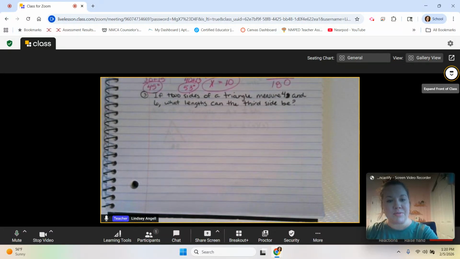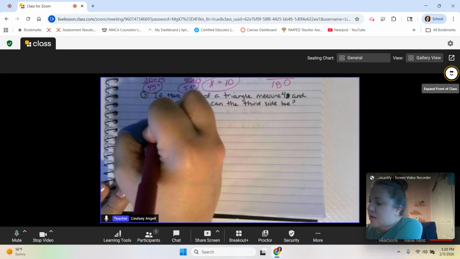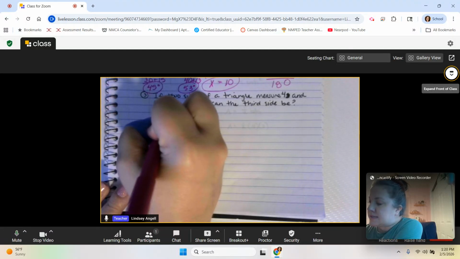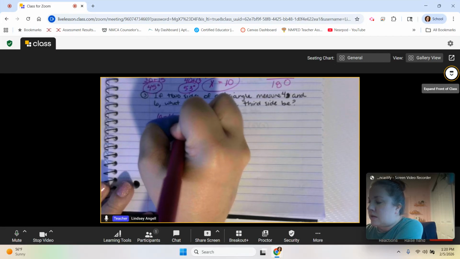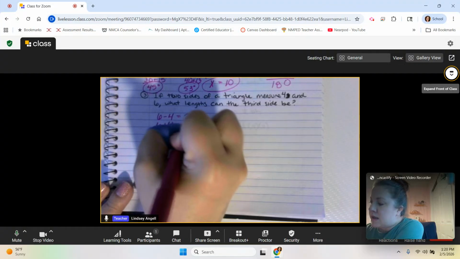All right, and number 3, if two sides of a triangle measure 4 and 6, what lengths can the third side be? Okay, so I used this trick in my last video, and they do talk about this in the lesson. So to figure this out, we can do 6 minus 4 is 2, and then 6 plus 4 is 10.